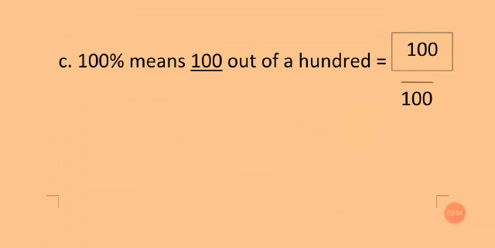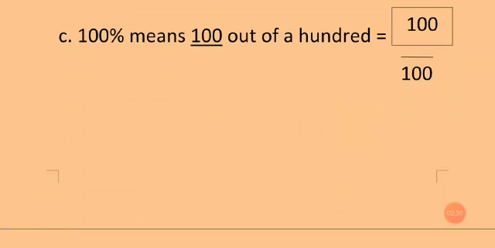But I don't want to digress here or take us into reducing to the lowest term. Let's just limit this lesson to representing percentages as common fractions. So 100% means 100 out of 100, which is equal to 100 over 100.